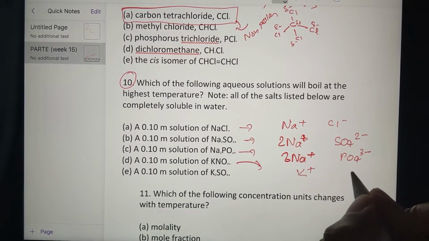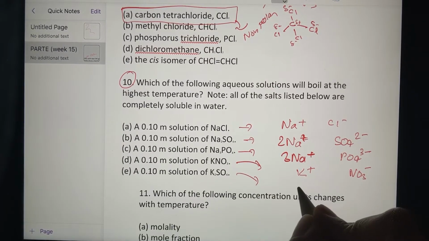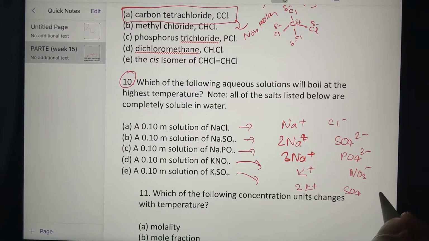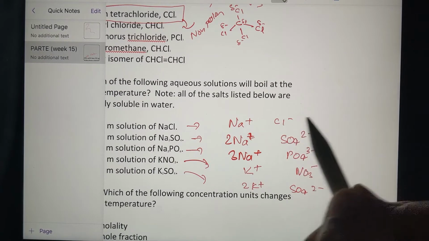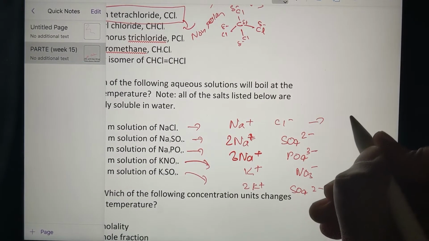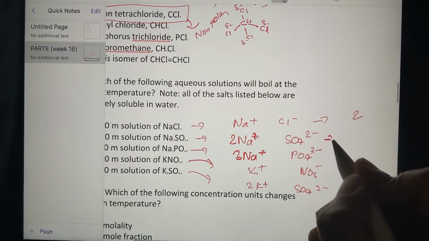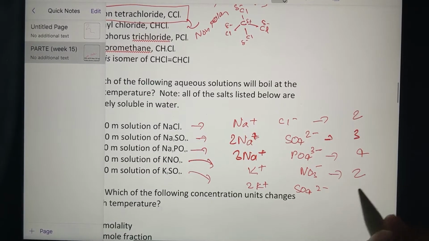Similarly, this one K plus NO3 minus, and this one 2K plus SO4 2 minus. So the number of ions you have in solution in this case is 2, then 3, this one 4, 2, and then 3.